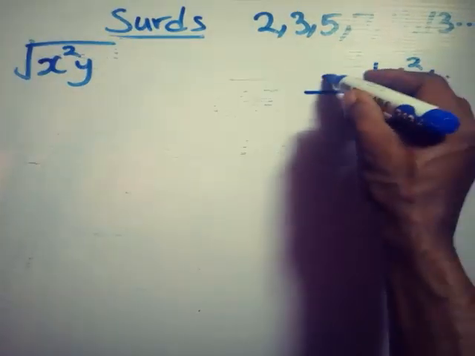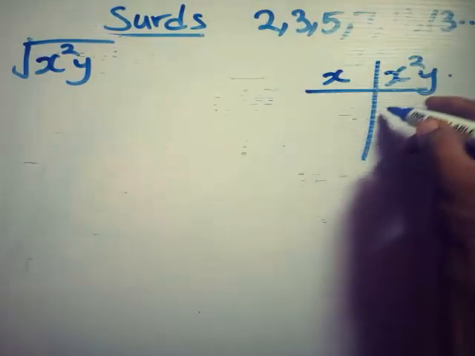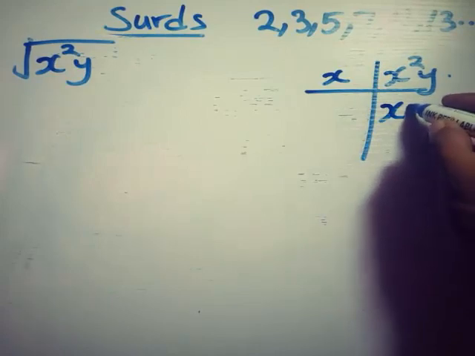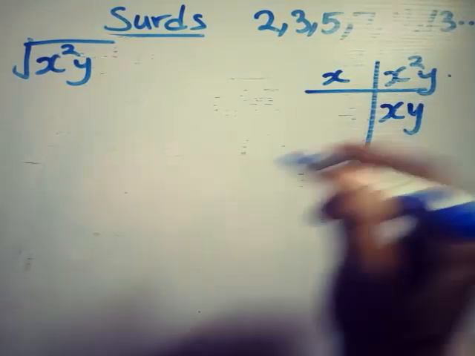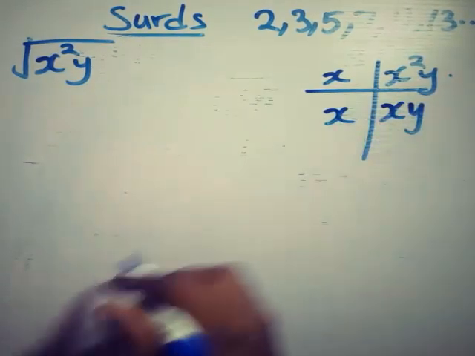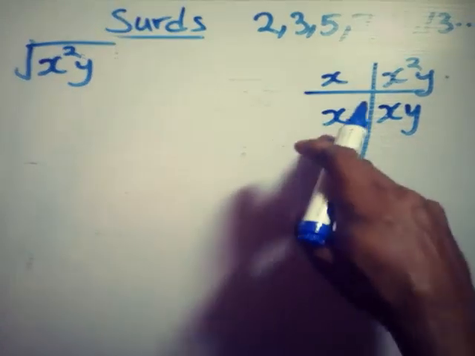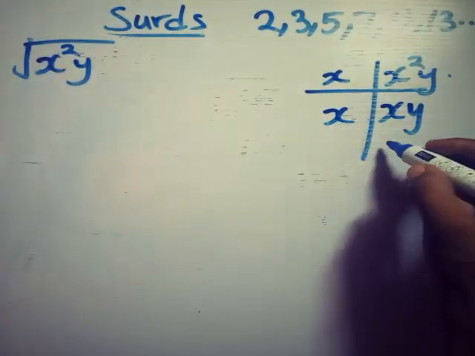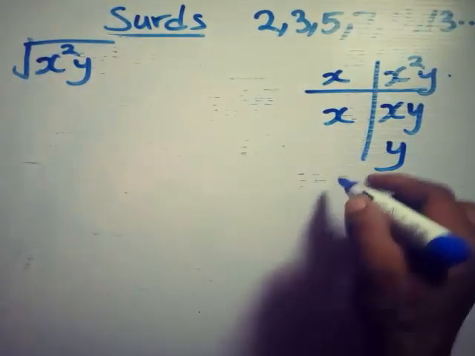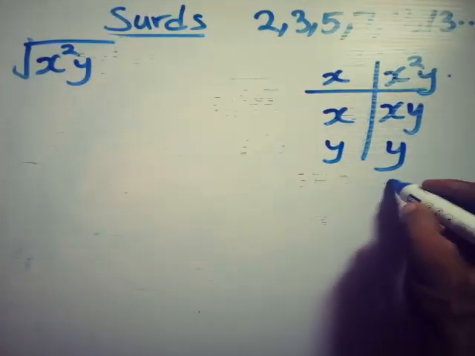If I'm dividing x squared by x, what I'm having here is x left and y. If I divide with x, I have y alone. If I divide with y, I have 1.